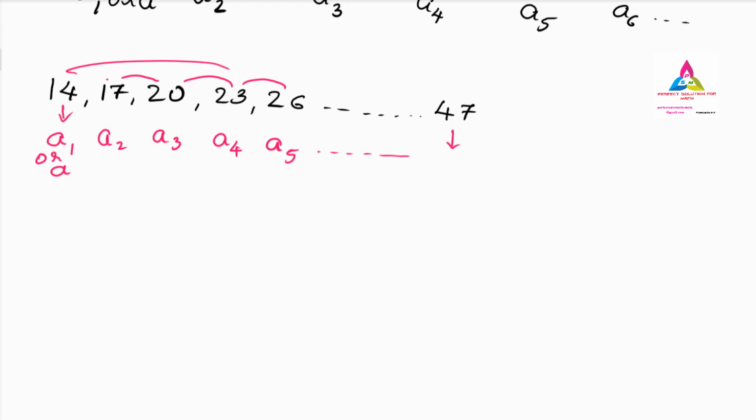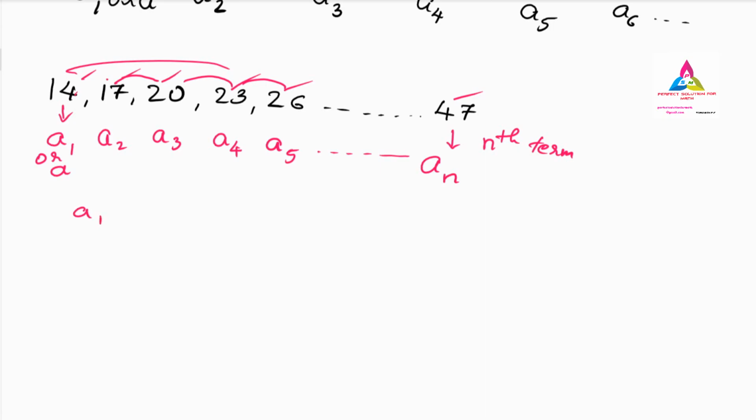14 is the first term, 17 is the second term, 20 is the third term, 23 is the fourth term, 26 is the fifth term. What about the 47? We don't know which term it is, so we will take this as the nth term, meaning the last term, and it will be written as an. It is easy to find, nothing difficult here.